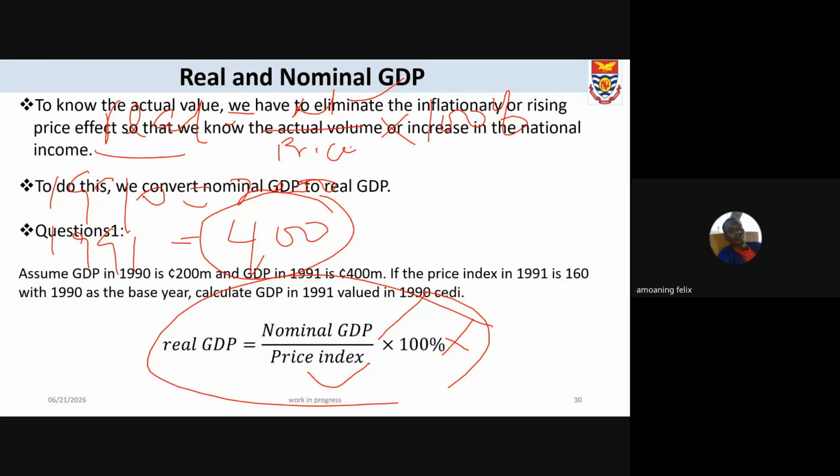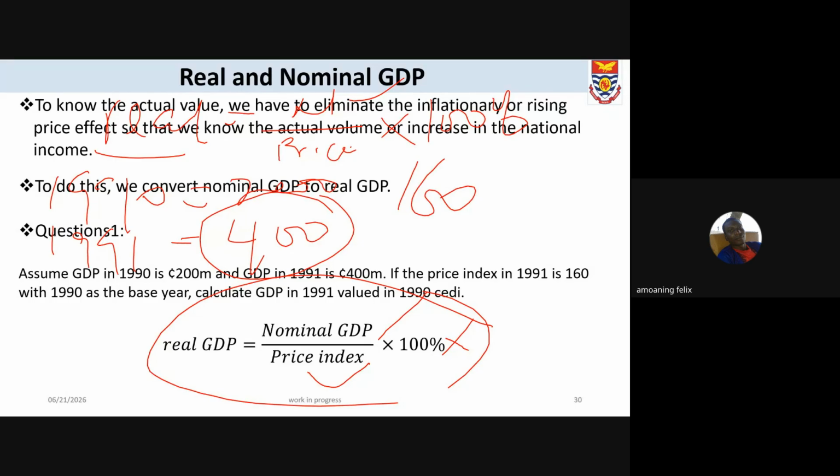So now we have to deflate this by considering inflation. And the question went further to give an inflation rate or price index. I'm telling you that when they give you a price index, we are just referring to the GDP deflator. It's the same thing. So they gave us a deflator of 160.